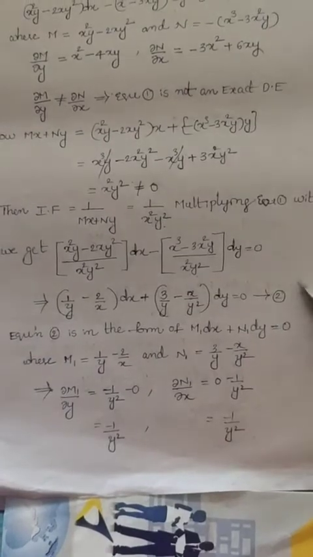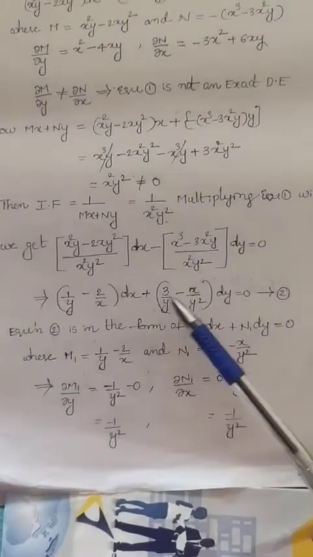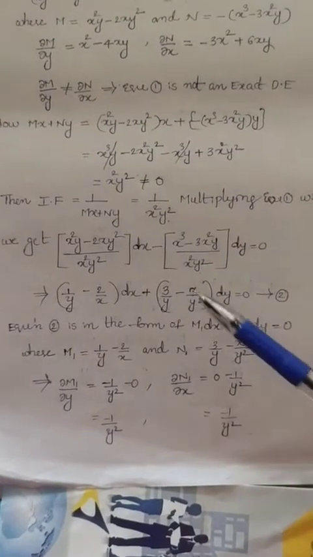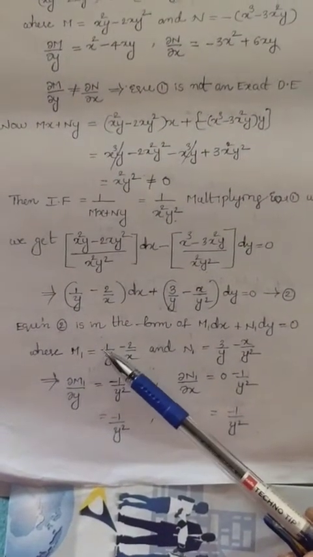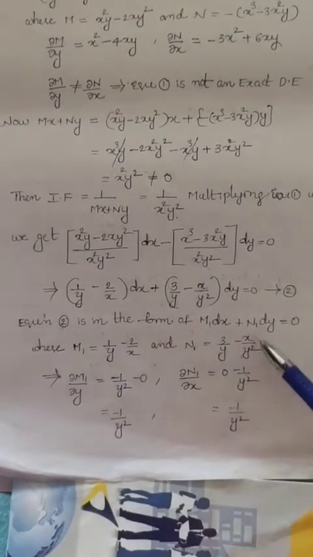This is equation number 2. Equation 2 is in the form M1 dx + N1 dy = 0, where M1 = 1/y − 2/x and N1 = 3/y − x/y².